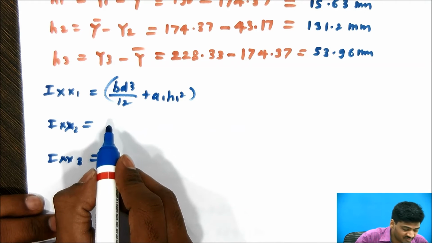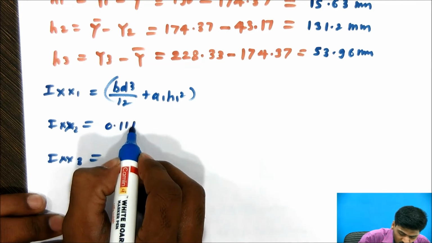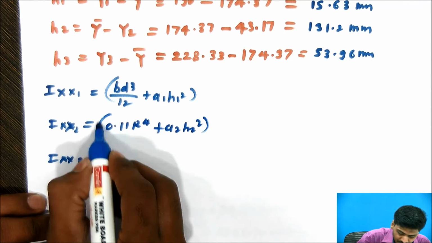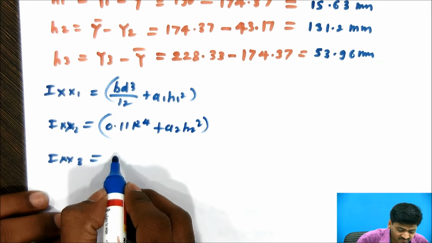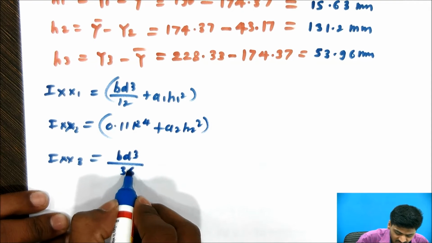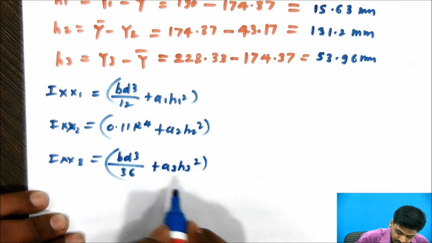Moment of inertia of the semicircle, how to calculate it? About the x-axis, 0.11 r raised to 4 plus A2 H2 square. Moment of inertia of the triangle, about the centroidal axis, BD cube by 36 plus A3 H3 square.